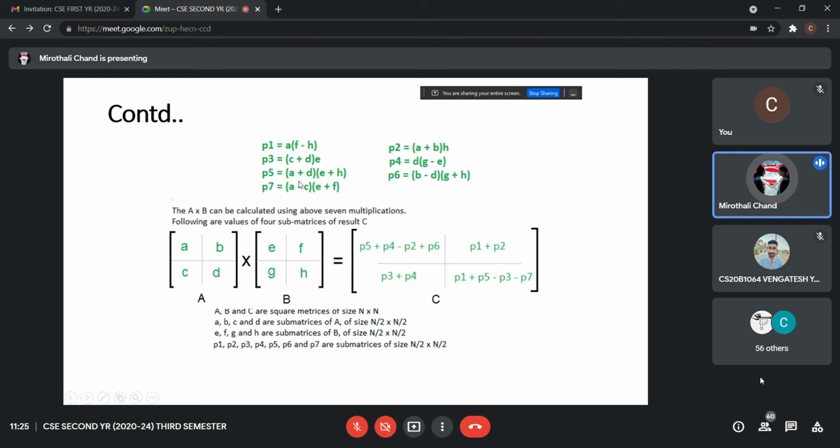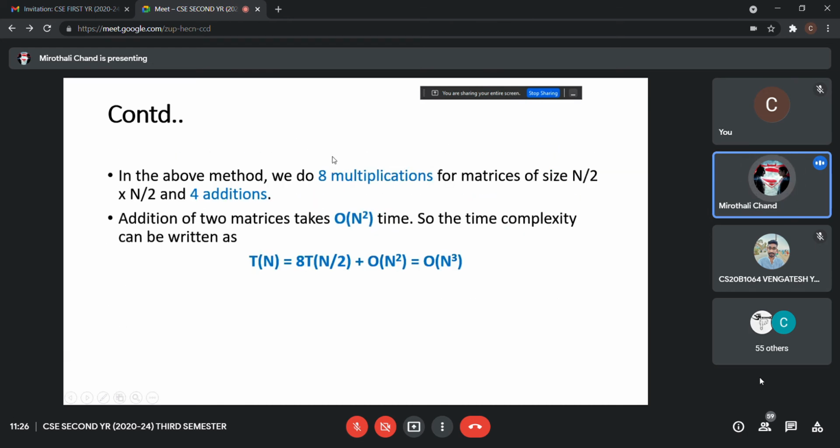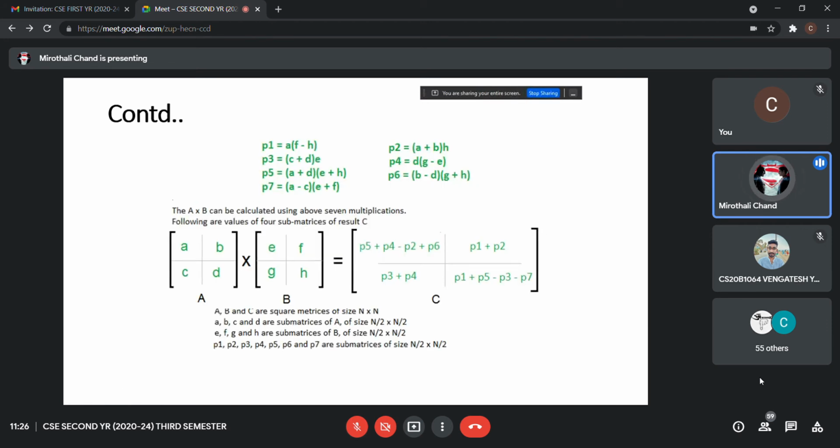For that we have the formula P5, which is the sum of A and D, multiplied by the sum of E and H. Similarly, it has other operations also, but here the number of operations we will be doing is 7. So the recursive calls are reduced from 8 to 7. Here from 8 to 7 we have reduced one call so that the time complexity can be reduced.